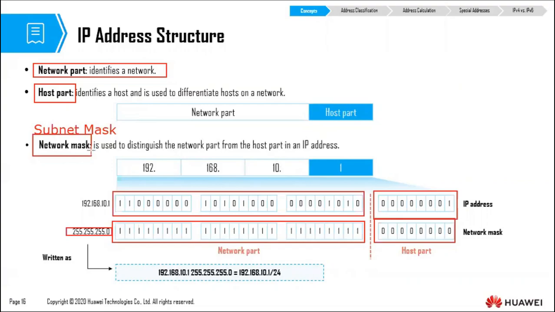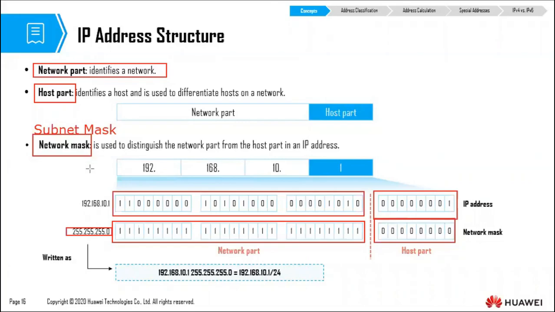Okay, so I hope this is clear about the network mask or the subnet mask? Yes, you have a question. Yes, we have other standard network masks. You're just going to see them right now. And we also have what we call variable length subnet mask.